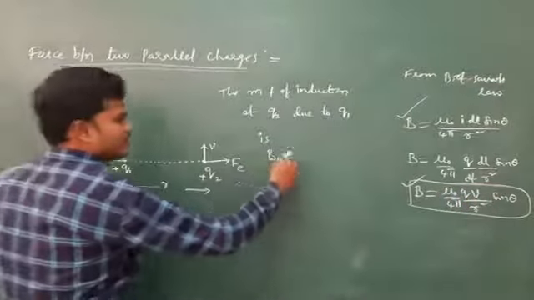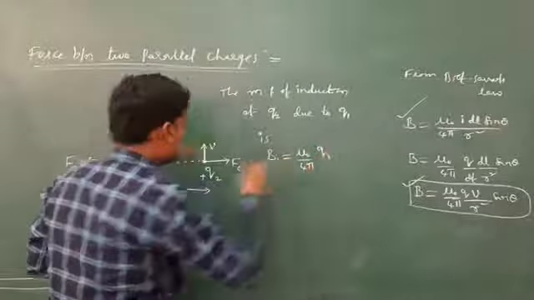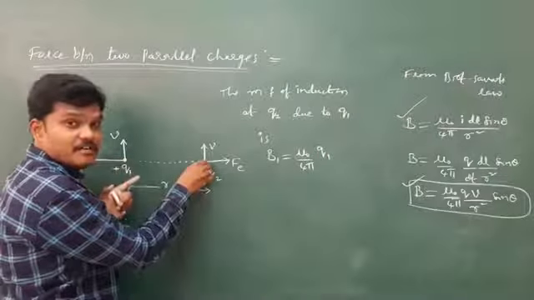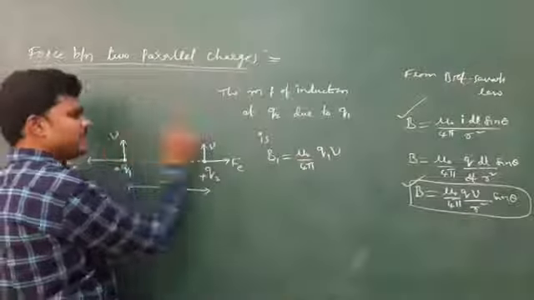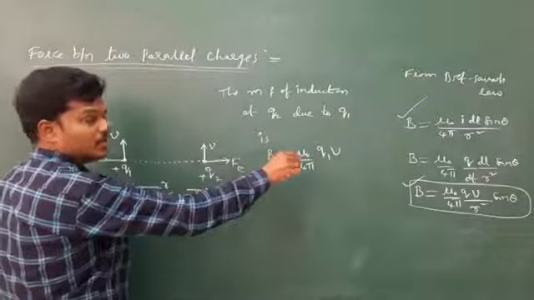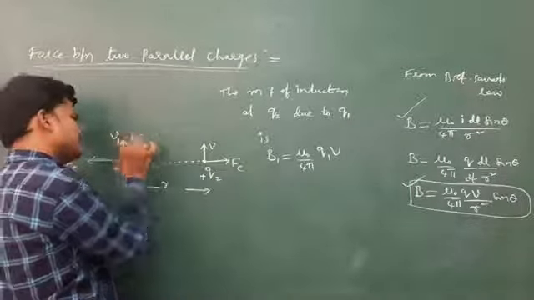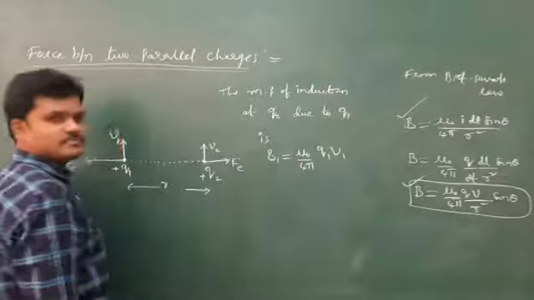Here B1 we can replace that mu naught by 4 pi q means q1. Because of this I am writing field at here. Q1 V, if it is V1 you write V1. Okay, if it is V2 you write based on here right now. Okay, let us write V1 V2. So Q1 V1.